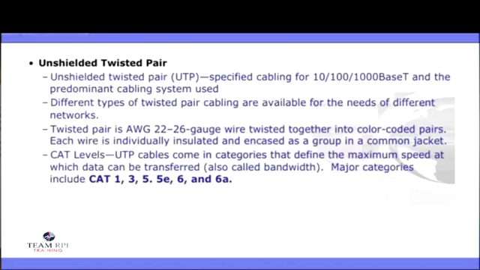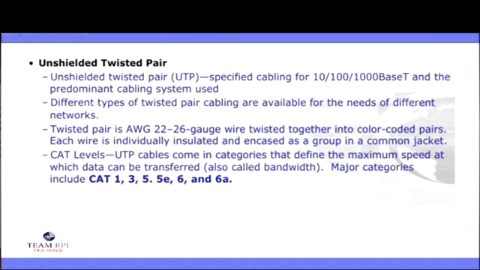So let's discuss the cabling a little bit, the unshielded twisted pair. This is the specified cabling for 10, 100, and 1000 Base-T networks, and is the predominant cabling used today. Different types of twisted pair cabling are available for the needs of different networks. Twisted pair is AWG 26 gauge wire twisted together into color-coded pairs.